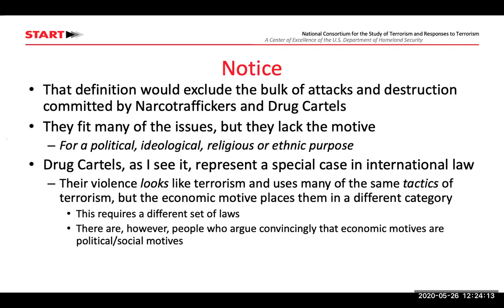It's when Escobar gets together with other cartels and creates the Extraditables, and then they start committing attacks to try to change government policy, that's when they start committing terrorist attacks. And when you look in the Global Terrorism Database that START houses, you can see those attacks. Those attacks are present. But only a handful of attacks perpetrated by either the Mexican or Colombian cartels are in the database. And the reason for that is because they have primarily economic motives. They're not trying to change policy. They're not trying to change society. It's a different conception. And that's an interesting dichotomy that is just worth mentioning, I think.